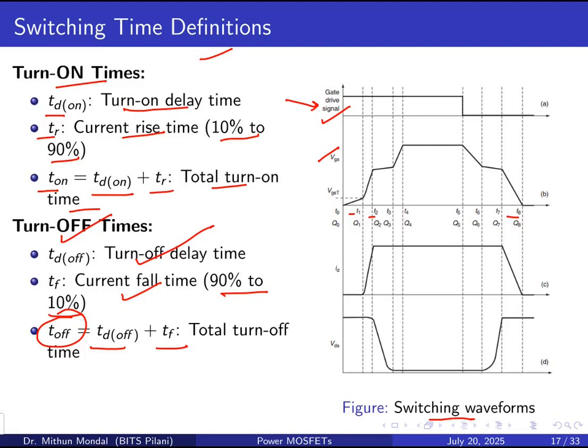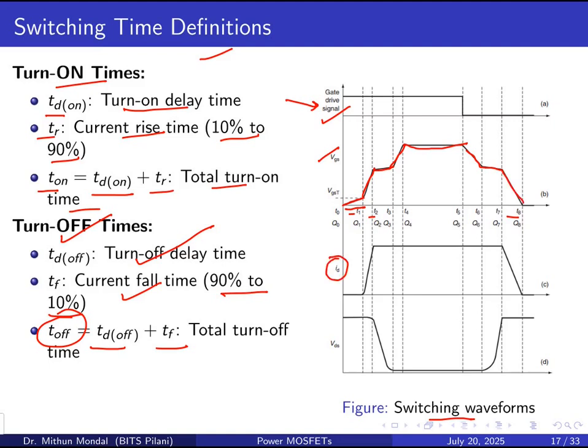From T0 to T1, the gate to source voltage is increasing linearly. Again, it will increase from T1 to T2, then T2 to T3 and so on. It will be stabilized here from T4 to T5 and then it will fall gradually.